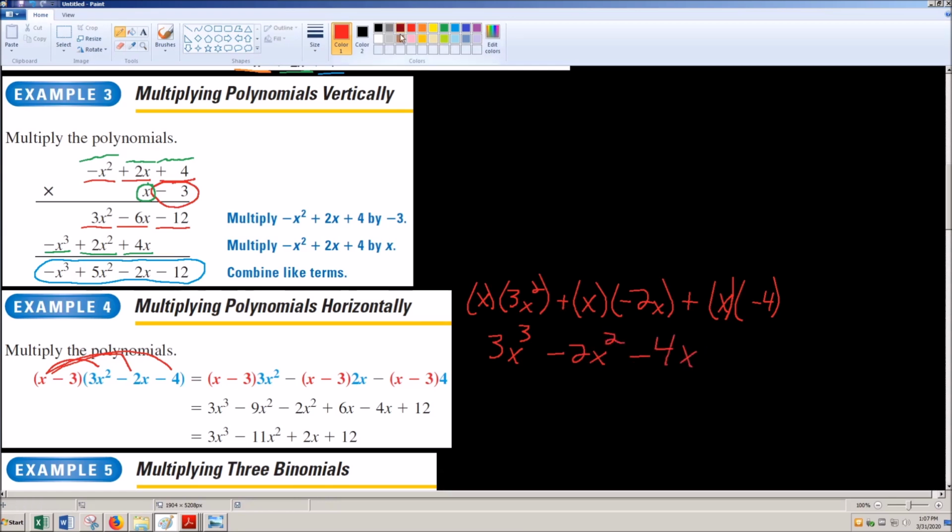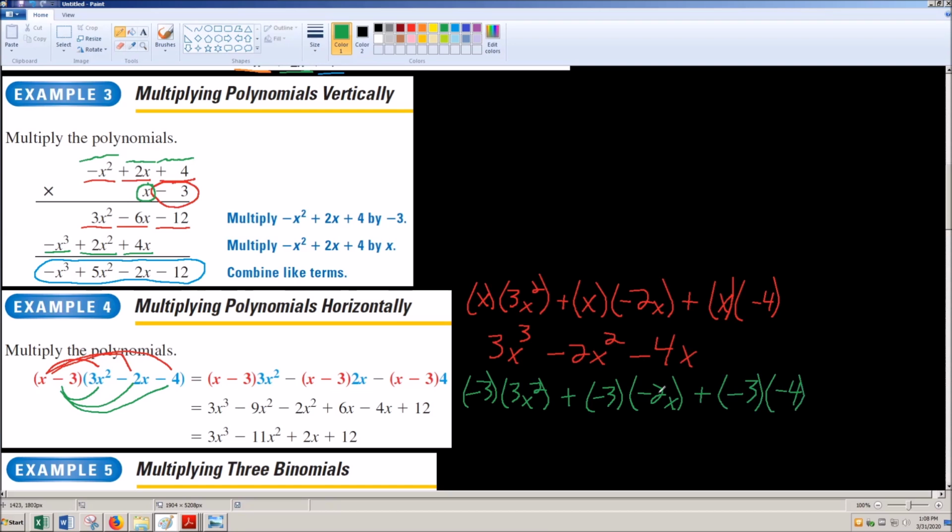Now I'm going to do the same thing, but I'm going to do it for my negative 3. So negative 3 is going to go to each one of these things. And so I'm going to set this up as negative 3 times 3x squared, and I've got plus, and here I've got negative 3 times, here's my negative 2x, plus, now I've got negative 3, and here's times my negative 4.